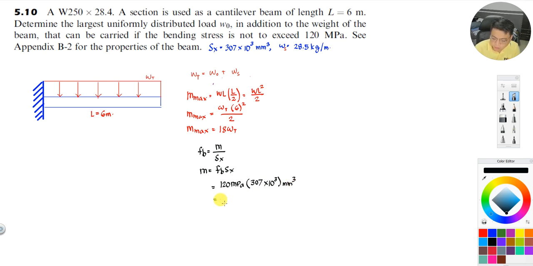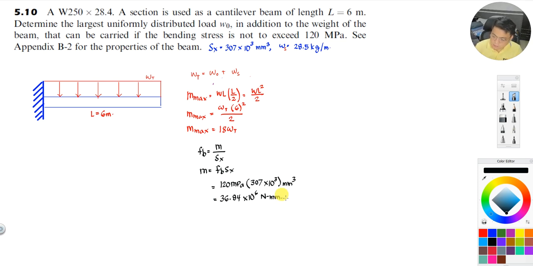So, the resulting moment here is in Newton millimeter. So, 120 multiplied by 307 times 10 to the 3. So, that's around 36.84 times 10 to the 6 Newton millimeter. So, this is the maximum moment.